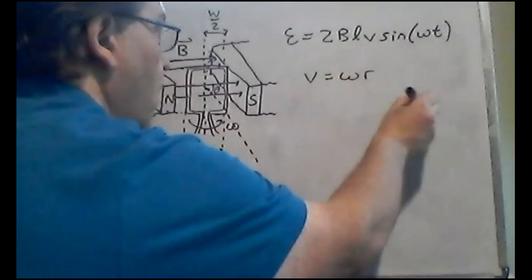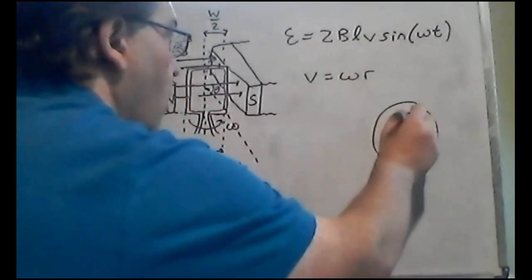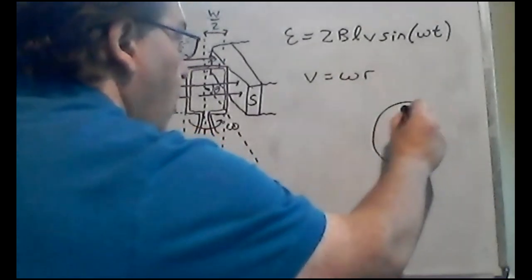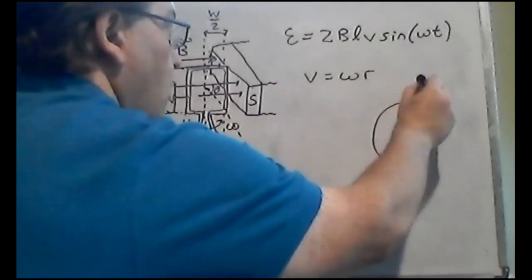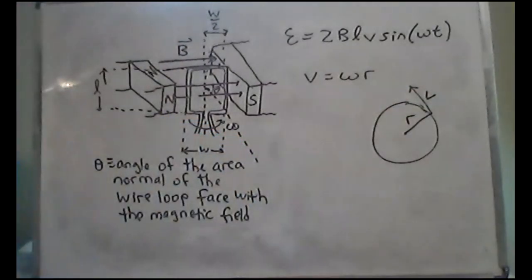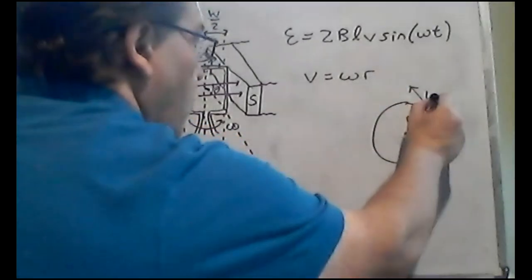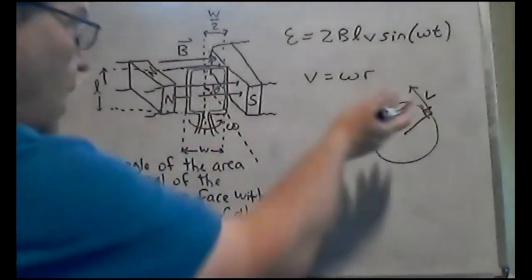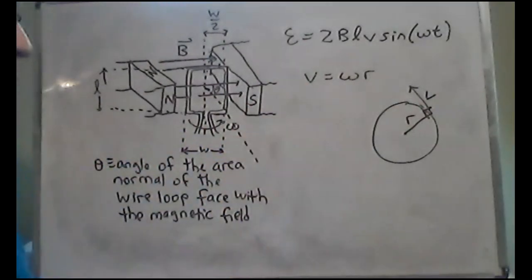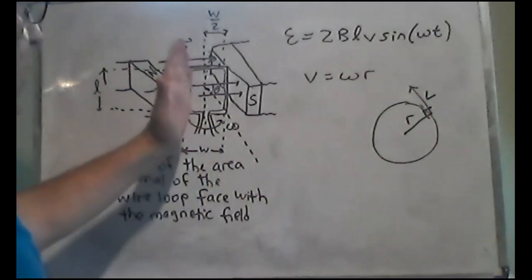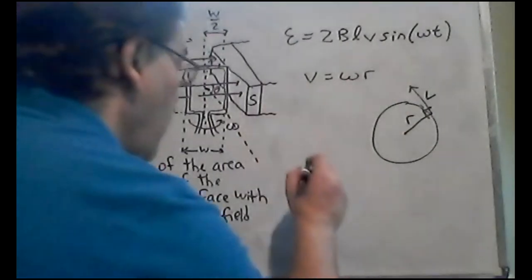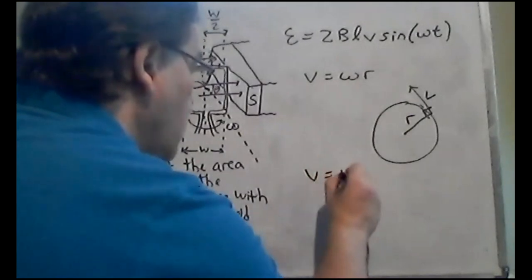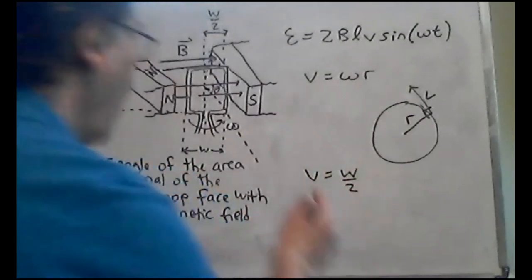If I have something going around a circle at radius r with some orbital velocity v, at right angles, tangent, I get v equals omega r. Well, I know what r is, right? In this particular case, any given electron in the side segment is always orbiting the central axis at a distance of w/2. So my r is w divided by 2, half the width.